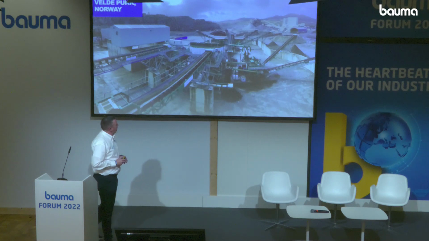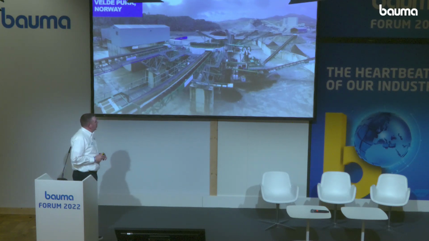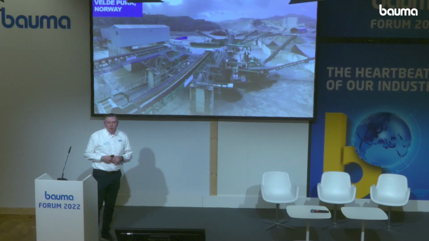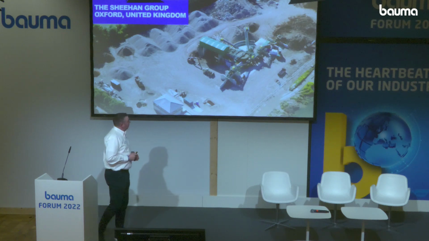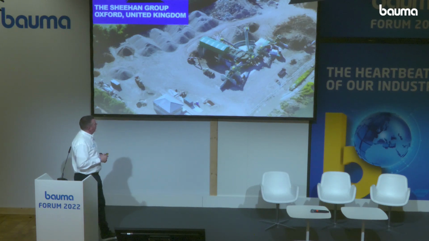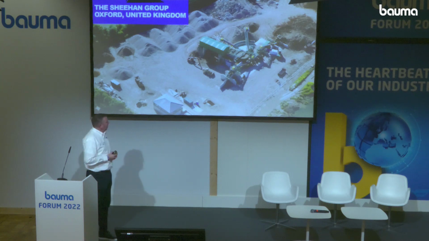Egil Velde and the company installed this 7 years ago, producing 300 to 400 tons per hour of material diverted from landfill. The Sheehan company, I've mentioned them earlier, and I'll mention them again when we see the building block slide.